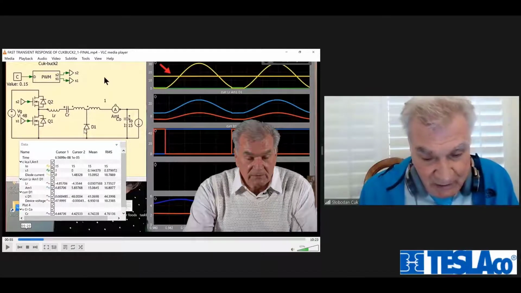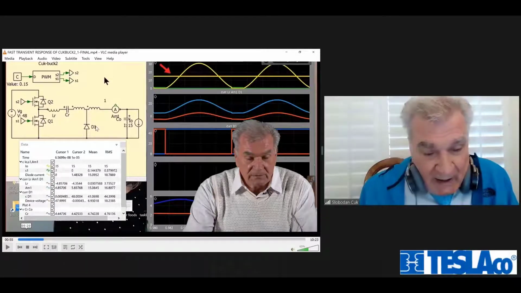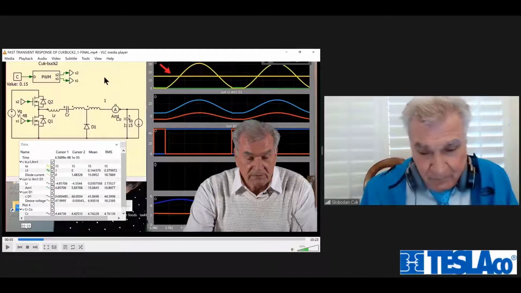You see the diode current that is shown in yellow, operated at, say, 10% duty ratio. This switch is operated on and off, 10%, 90%, okay? So this is a charge and this is a discharge.